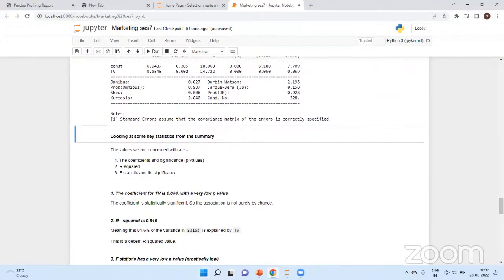Now looking at some key statistics from the summary, the values we are concerned with are the coefficients and significance, p-values and the R-squared value. I already explained R-squared is how much variation of the dependent variable is explained by the independent variable.